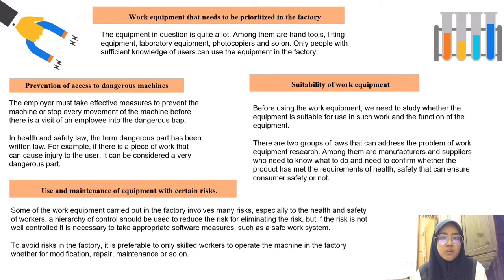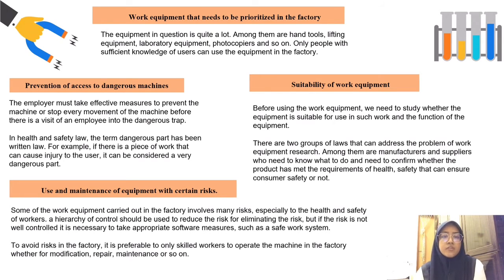There are 2 groups of law that can address the problem of work equipment. Among them are manufacturers and suppliers who need to confirm whether the product has met the requirements of health and safety, and can ensure consumer safety or not.